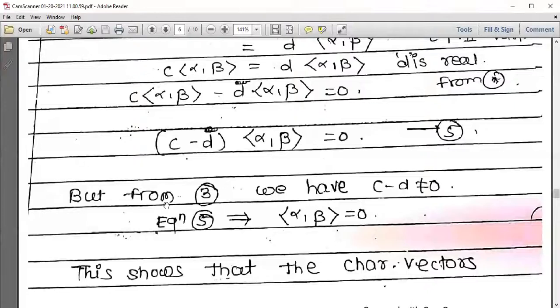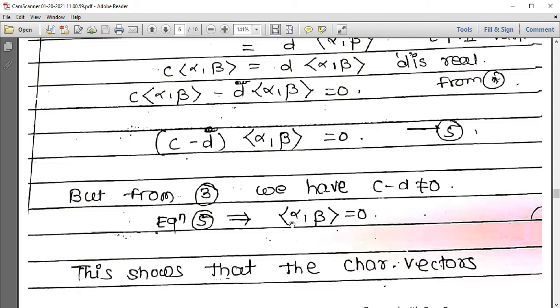Hence, from 3 we have C minus D is not equal to 0, because these are two distinct characteristic values. Hence from equation 5 we get that the inner product of alpha and beta must be equal to 0. What does this show?